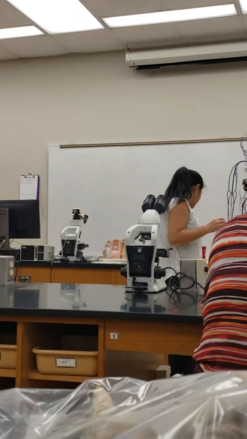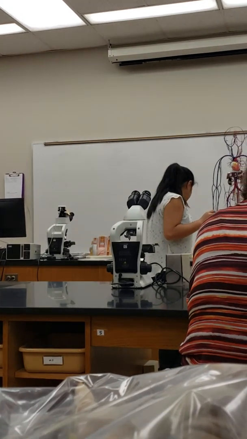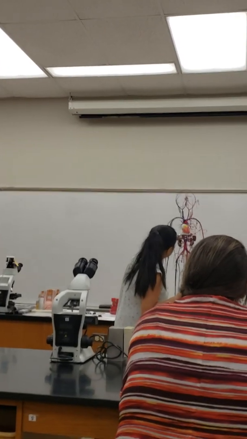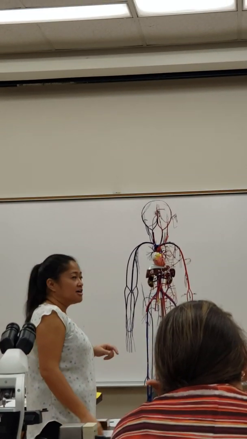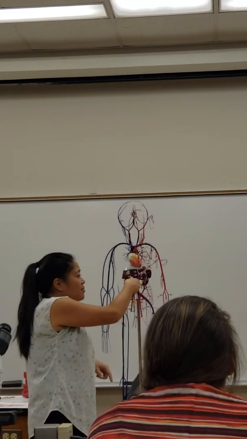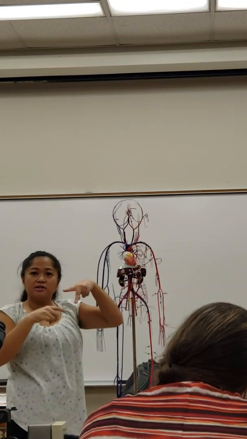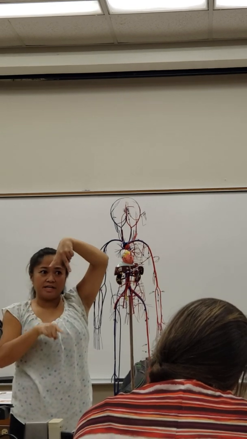Number 6 is identify C, which is right here. It is the right external iliac. So remember that you have the abdominal aorta. The abdominal aorta splits into the common iliac.